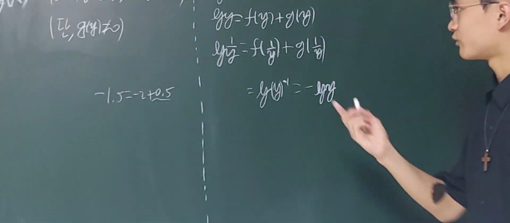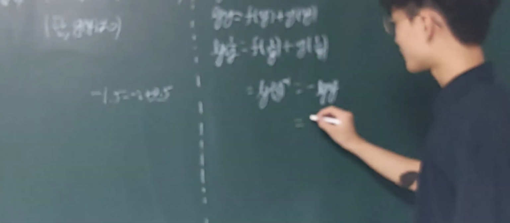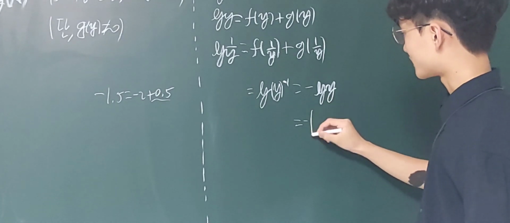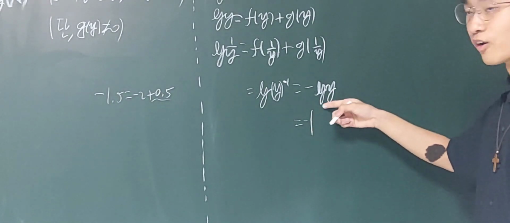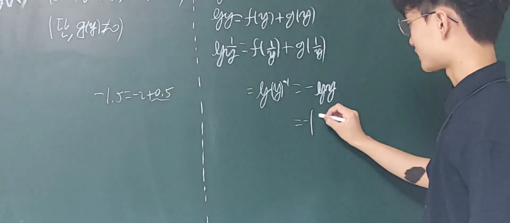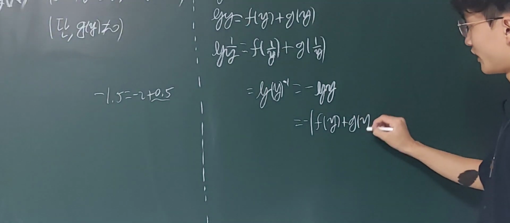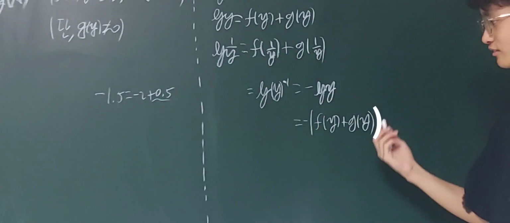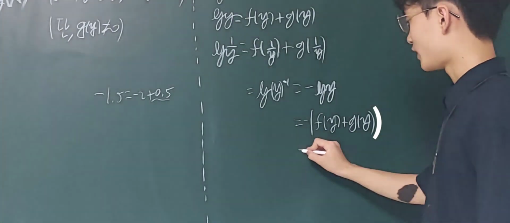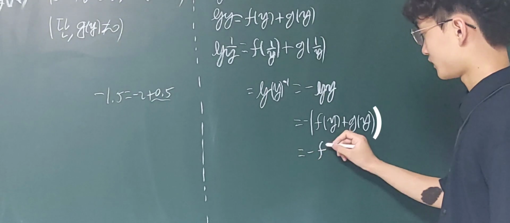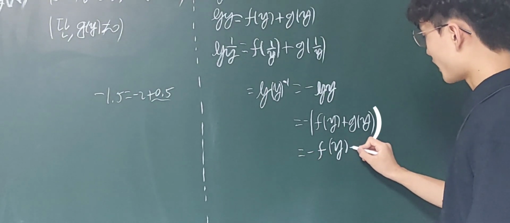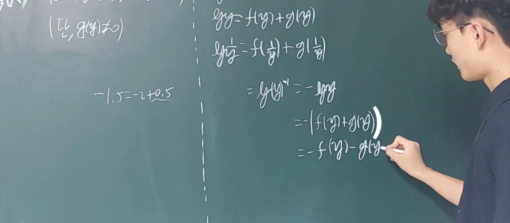Going back to that part, I can write this negative log y as negative f of y minus g of y. There's nothing wrong with this, right?